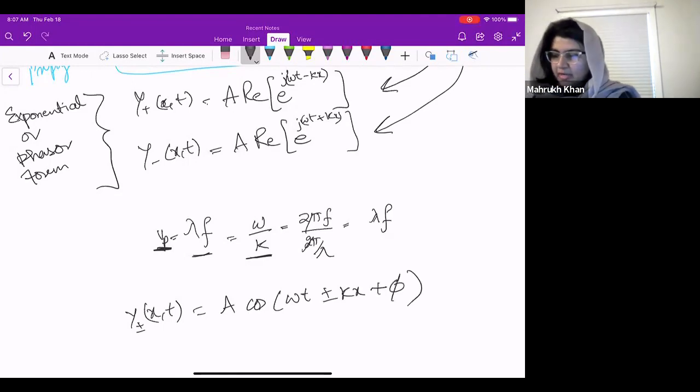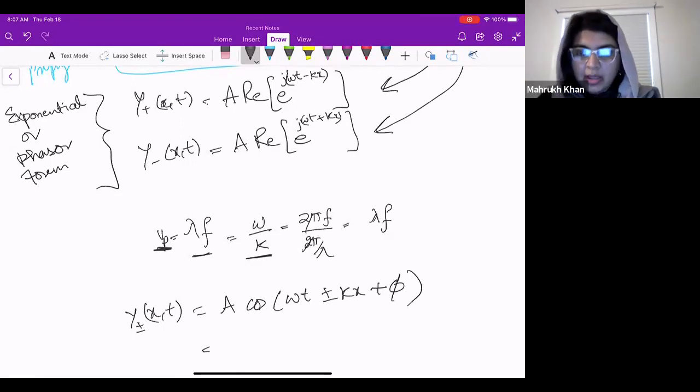If we write it this way, then we are reintroducing phi, and it tells you that the wave is leading or lagging. We will talk about this later, but phi is also there in the waveform equation.